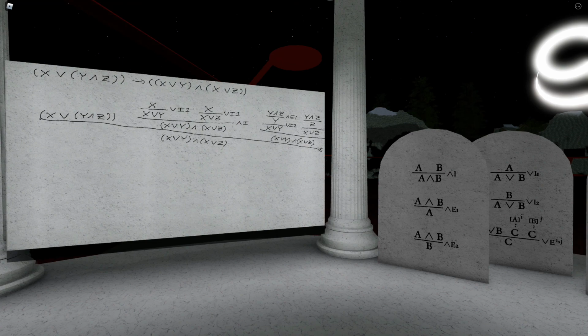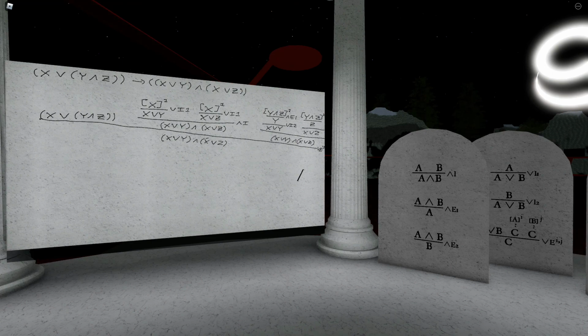But a part of the or elimination rule is that after this last line, we can discharge our assumption of x in the first proof, and I'm going to mark these dischargings with a natural number, and of y and z. And I would also write 1, 2 next to the or elimination step.